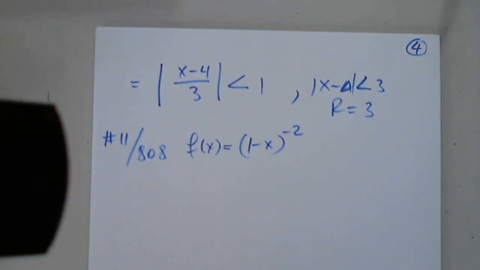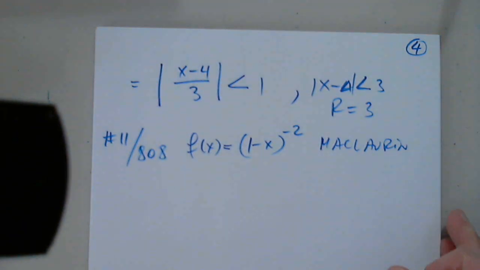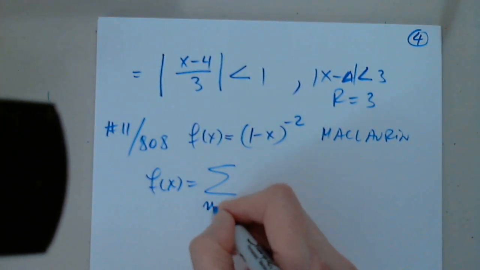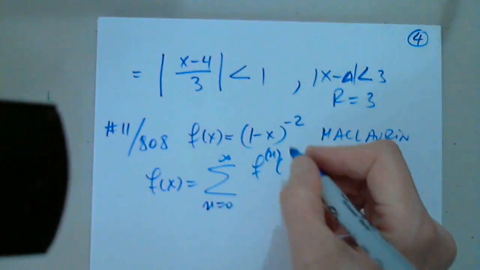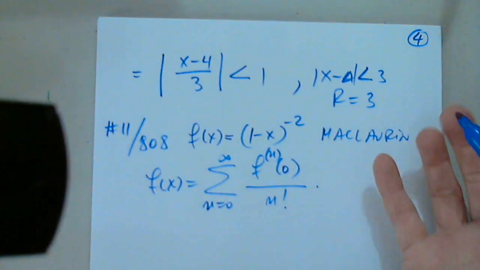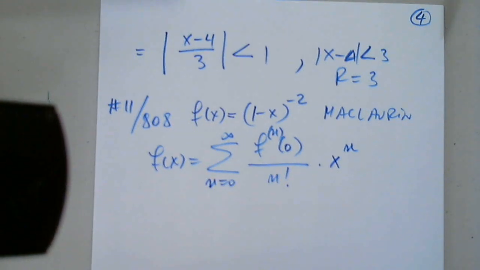Okay. So for the Maclaurin series, let's write it again. So this is f of x equals the sum from n equals 0 to infinity of the nth derivative of this function evaluated at 0 over n factorial times (x minus a)^n, but a is 0, so x to the nth power. So this is the Maclaurin series.